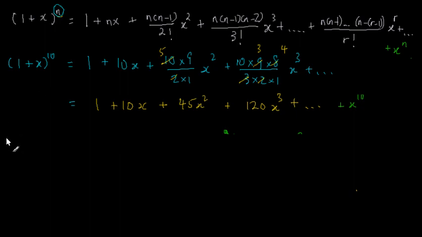Suppose that the binomial is 1 plus x to the power of half. Suppose that the power is half. The half is not a whole number. We know that 1 plus x squared means 1 plus x times 1 plus x. That's fine. But we can't think of power of half like this.